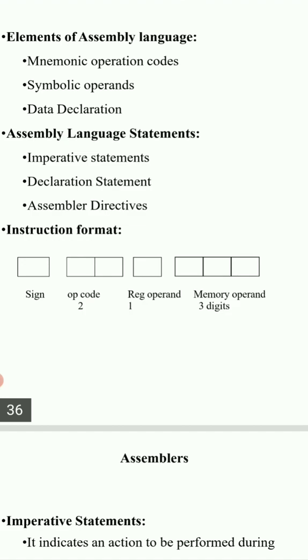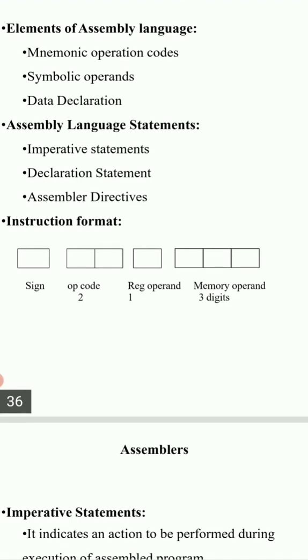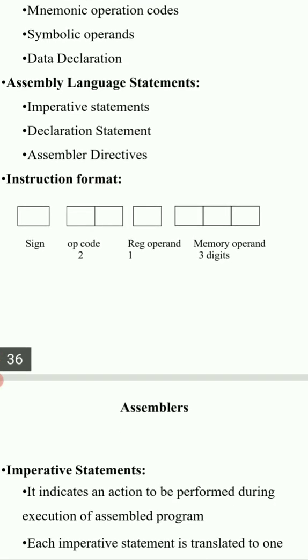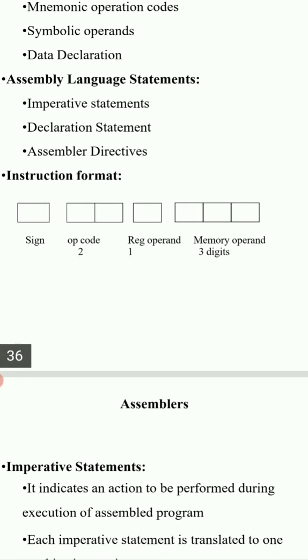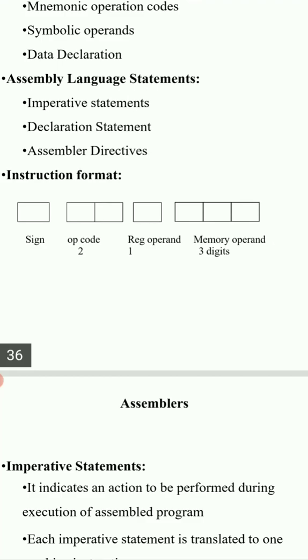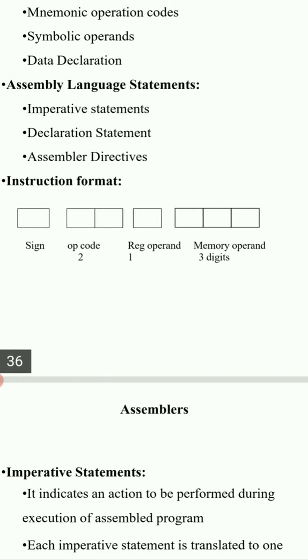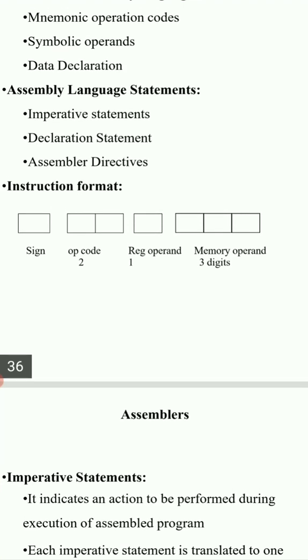You can see here the sign, opcode, which will require 2 digits, register operand 1 digit, memory operand which will require 3 digits. So when we write the assembly language program, the machine instruction format will be like this. Opcode will require 2 digits, memory operand 3 digits, and sign and the register operand will require 1 digit each.